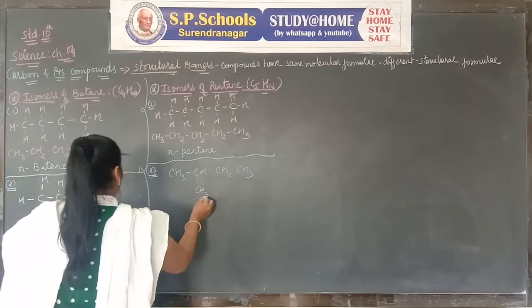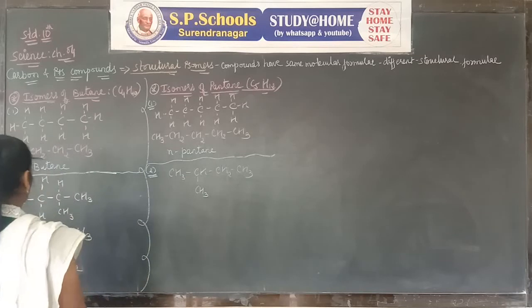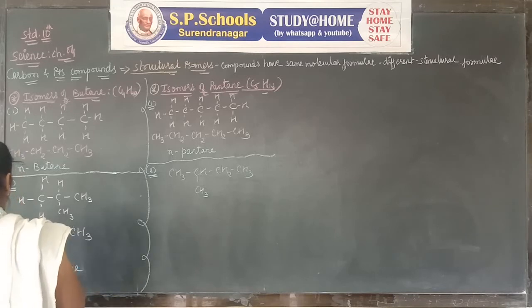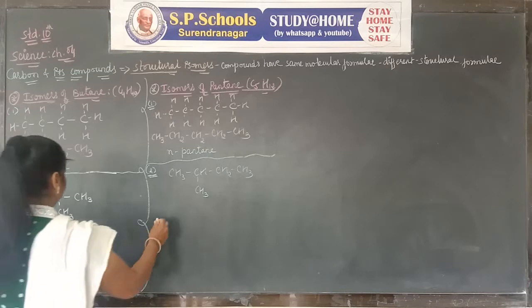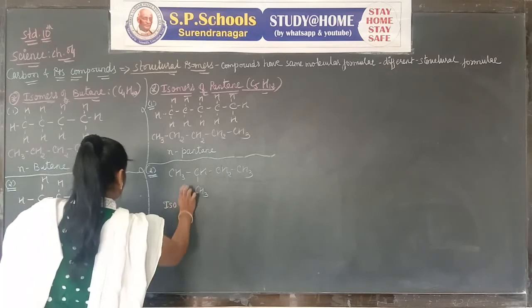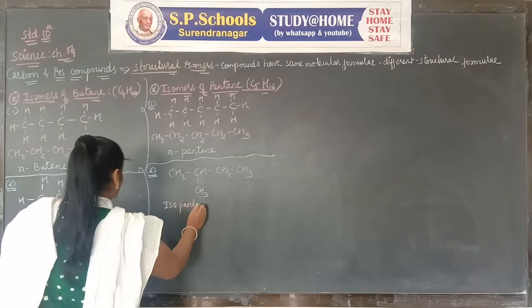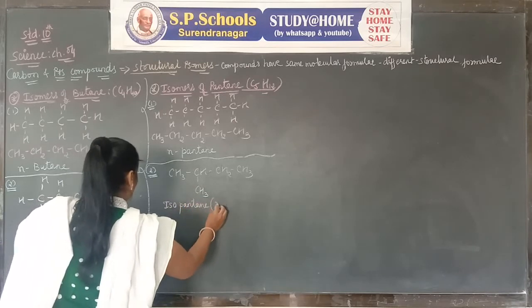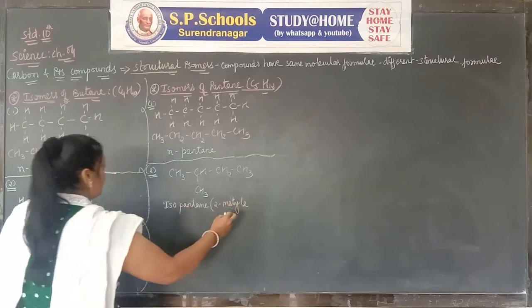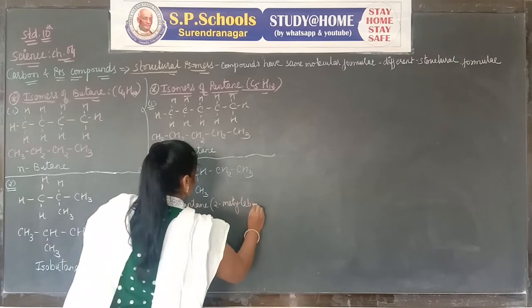Here a methyl group will be present, so it will be called isopentane, or you can call it 2-methyl butane.